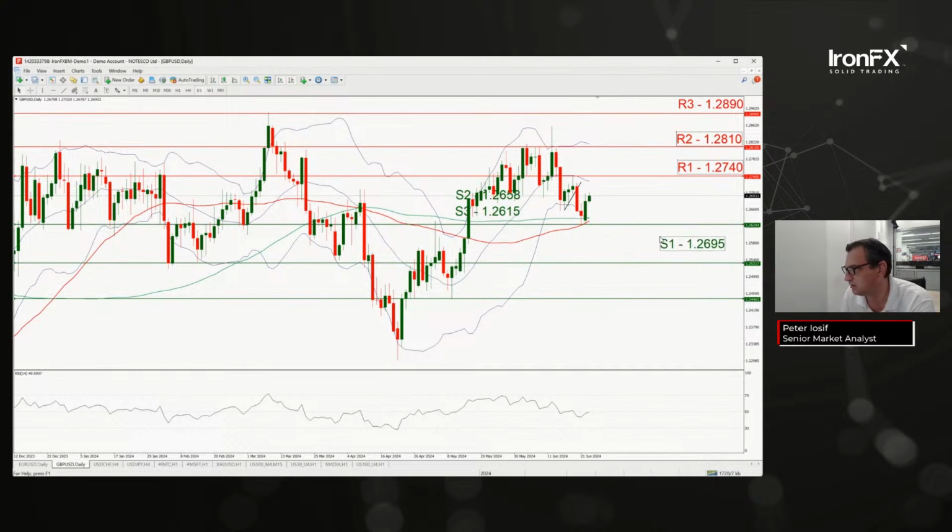The S1 at 1.2625. Sorry about that. The S2 at 1.2530. And lastly, the S3 at 1.2445.